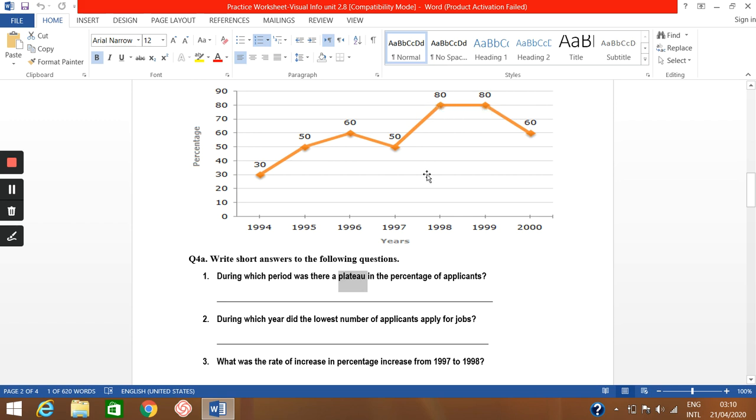So if you look at the line graph here in the period between 1998 and 1999, you can see that it stays at the same level. I mean, there isn't any kind of upward trend or downward trend.